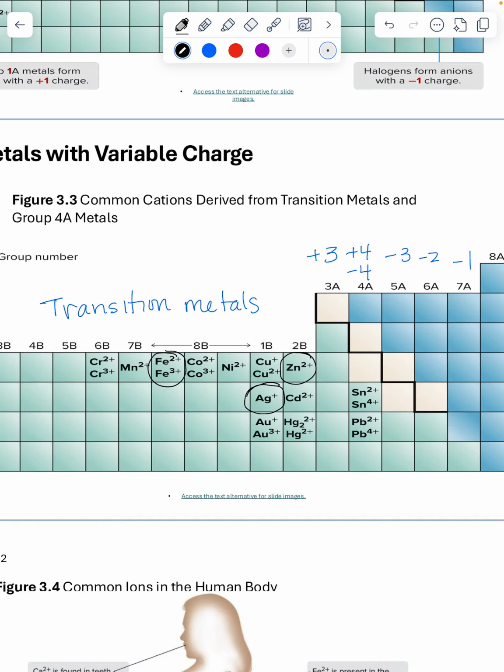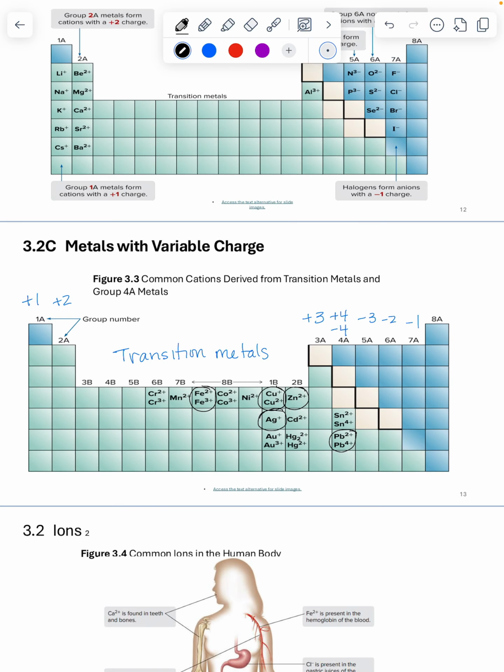So you might want to add these to your periodic table. Here's another one that we use an awful lot, lead. Lead can be +2 or +4. And so those are some of the transition metals and other metals that have multiple charges. And so I will show you as we get to writing formulas how to use these charges to write correct ionic compounds.